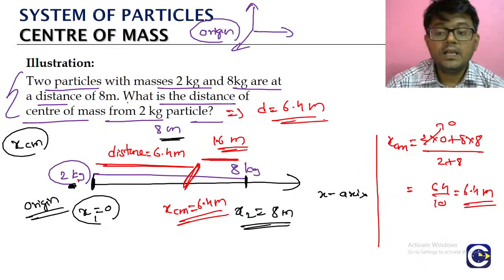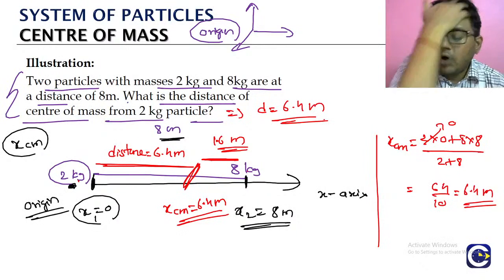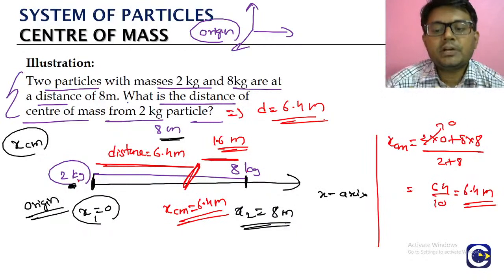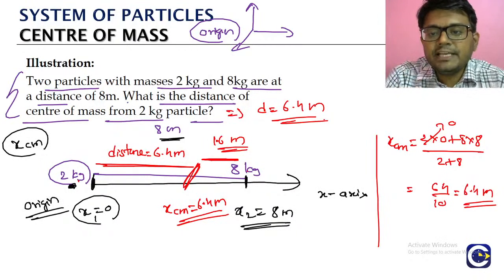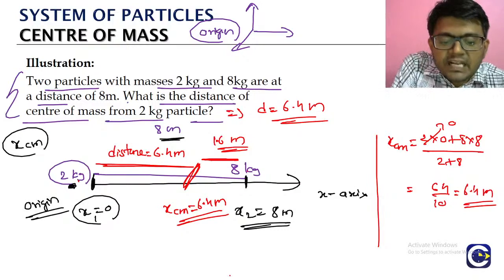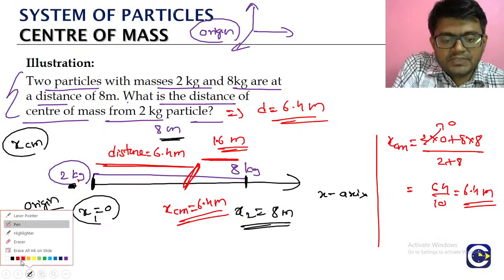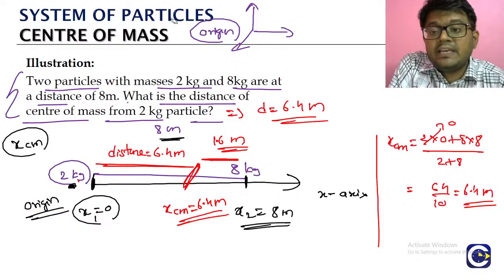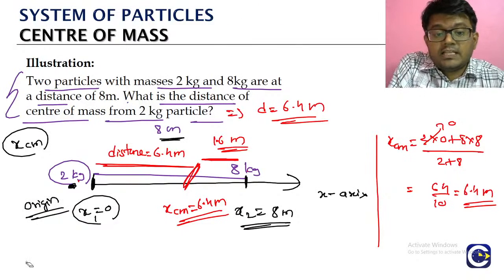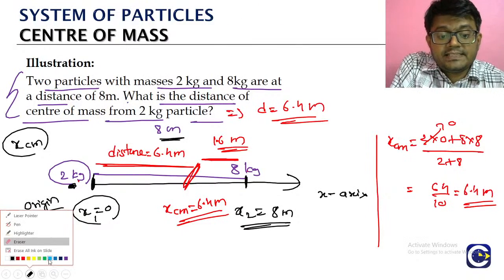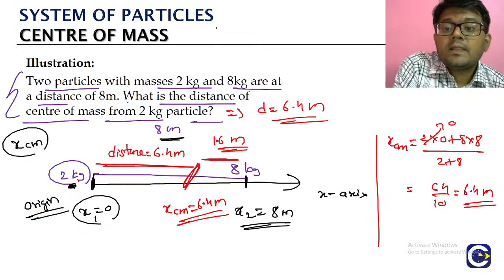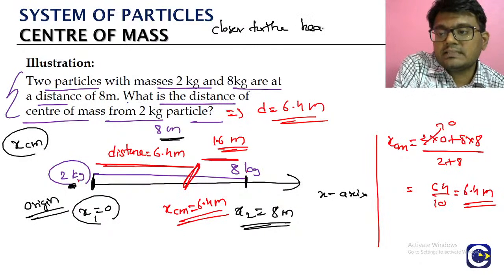Check it, guys. But more than that, I want you to observe the importance here. The important point is the center of mass of two particles. What are the two particles we are having? One is the 2 kg particle, the other is the 8 kg particle. The center of mass of these two particles is closer to the heavier mass, isn't it?